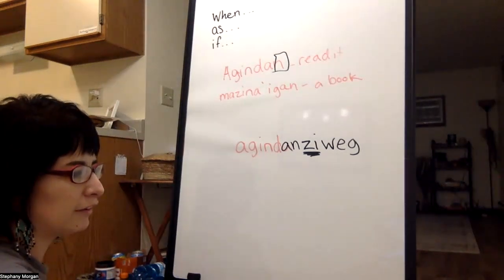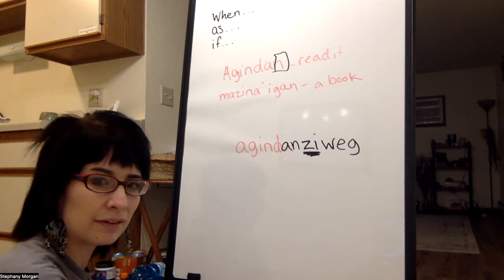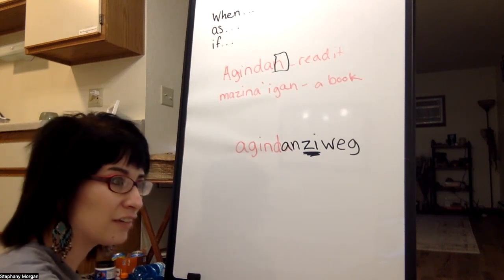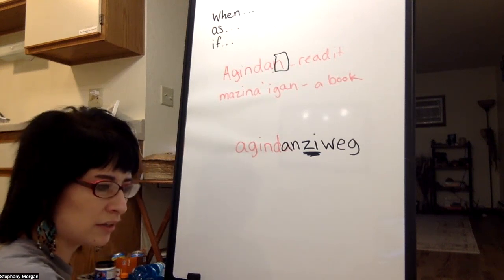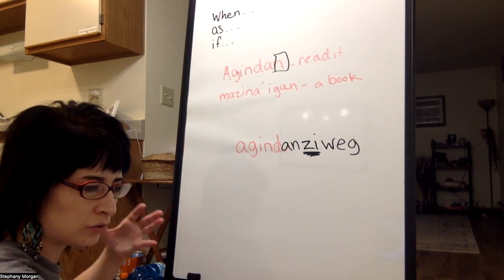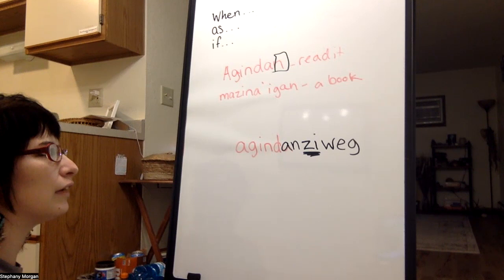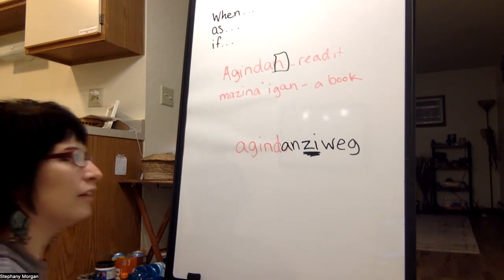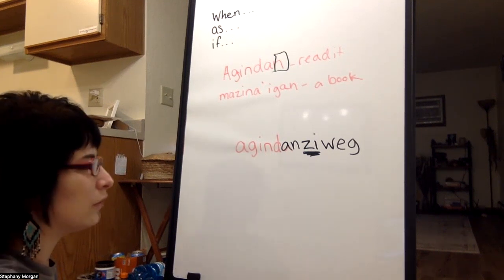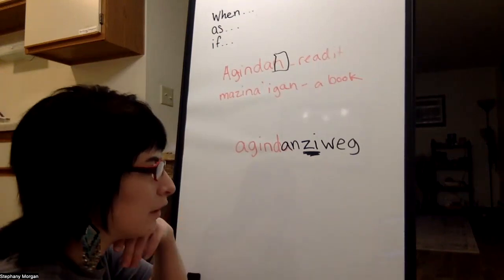So do listening and comprehension exercises by finding as much spoken Ojibwe as you can and just listening to it. Even if you're not able to understand what they're saying, you might be able to listen and go, oh, I heard them say "ziweg" on the end of a word.